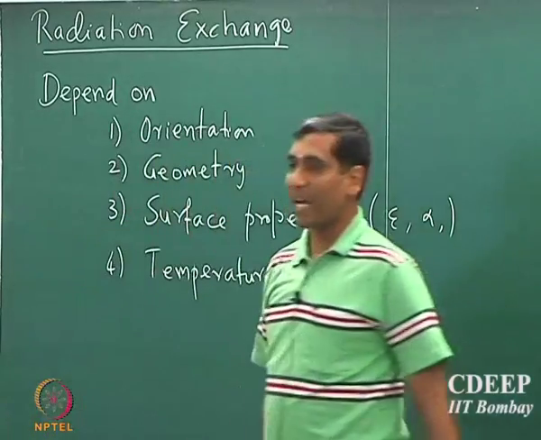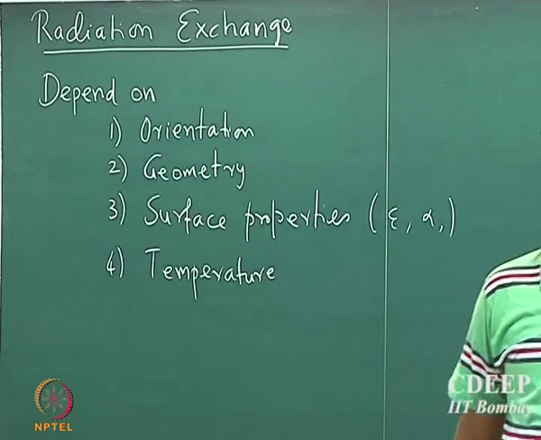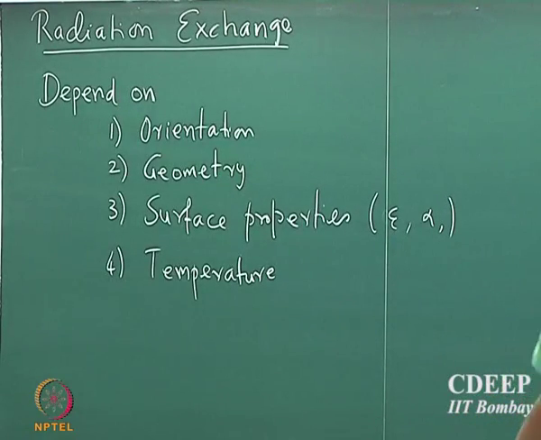So these are the 4 primary factors on which the radiation exchange would depend.